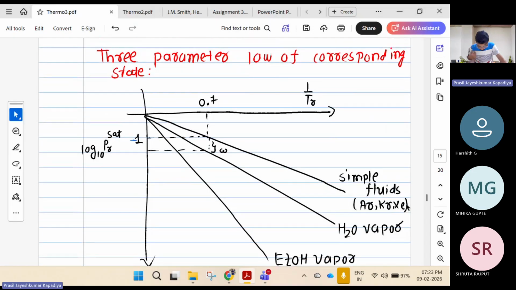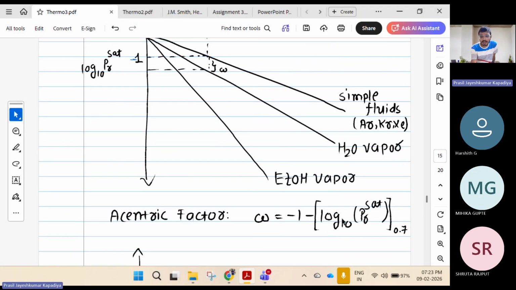Eccentric factor generally gives us an idea of the sphericity of the molecule, how spherical the molecule is. Argon, krypton, xenon are spherical molecules, so for them the eccentric factor comes out to be 0. For a simple fluid this log term is minus 1, so minus 1 plus 1 is equal to 0.